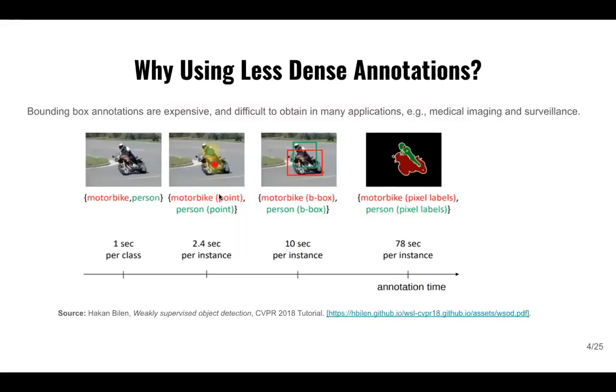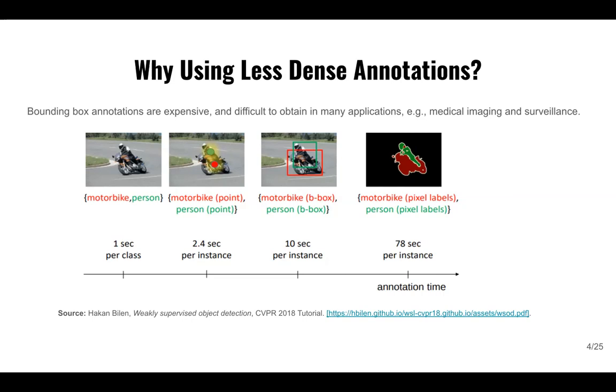So the general motivation for these settings is that obtaining dense annotation is really costly. As you can see here, going from the image level to instance level, from bounding box to bounding box, and then the pixel level annotation, this increases our annotation time, and this is really not scalable for all of the detection problems that we want to solve.